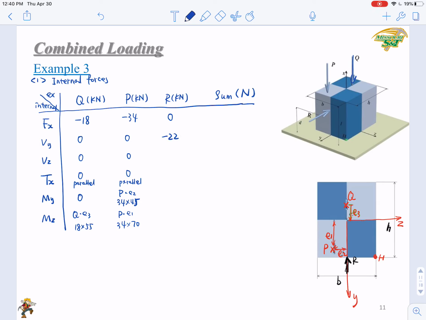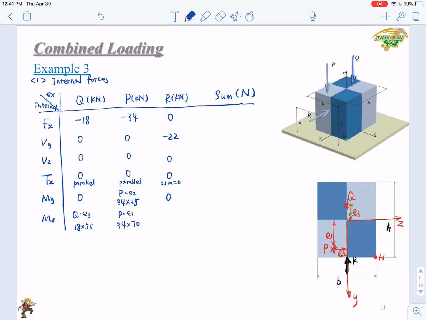Along z direction has nothing. How about Tx? No, 0, right? It's not parallel to x, but the arm is 0. Okay, so nothing. So about My, it's along y direction, right? So nothing My, so 0.